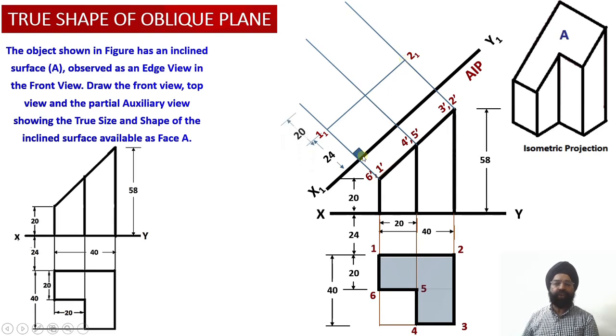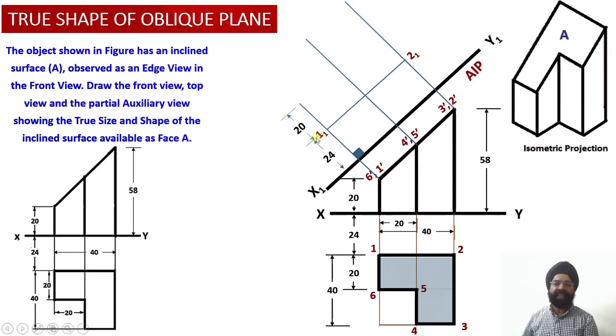Then we also know that the distance of point 5 and point 6 from the vertical plane happens to be 44 millimeter. That is another 20 millimeter ahead of the points 1 and 2. We are going to obtain the points 5 and 6 onto the projection lines of 5 dash and the projection line corresponding to point 6 dash over here.